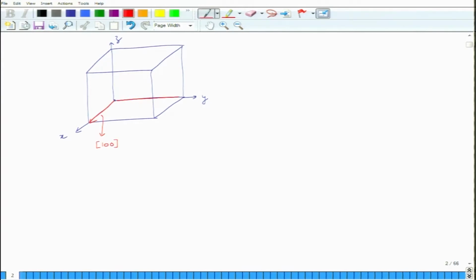This is 0 1 0, and this is 0 0 1. What is this direction passing between these two? This is 1 1 1, because it is one of this, one of that, and one of that.